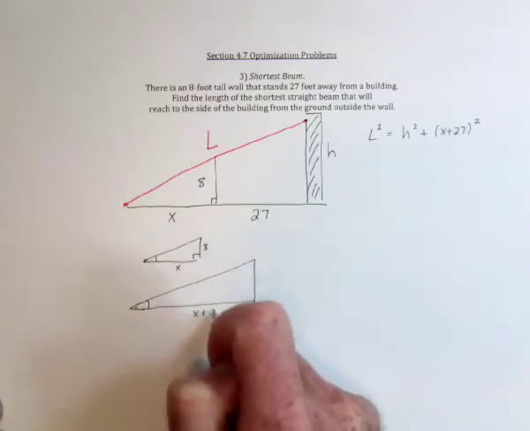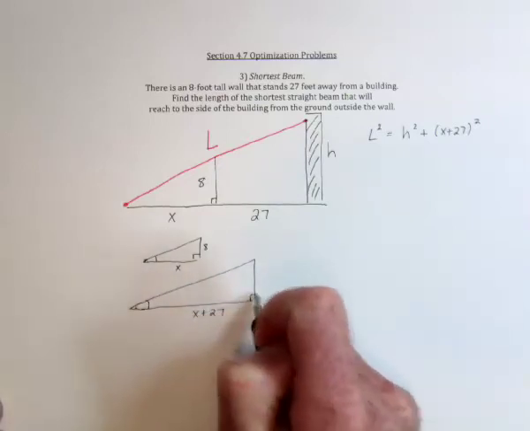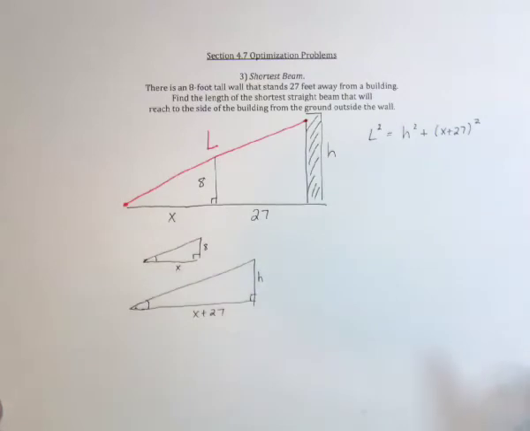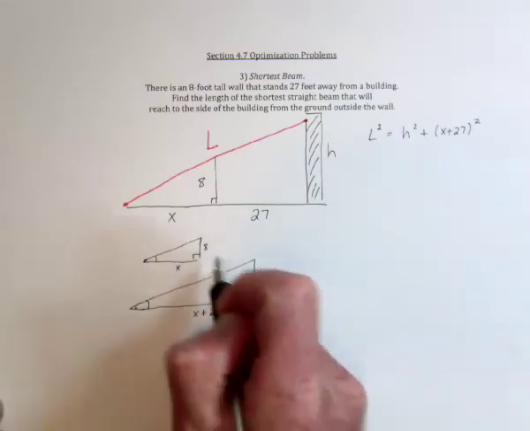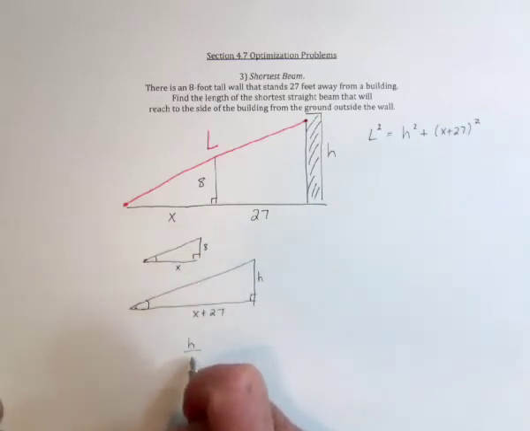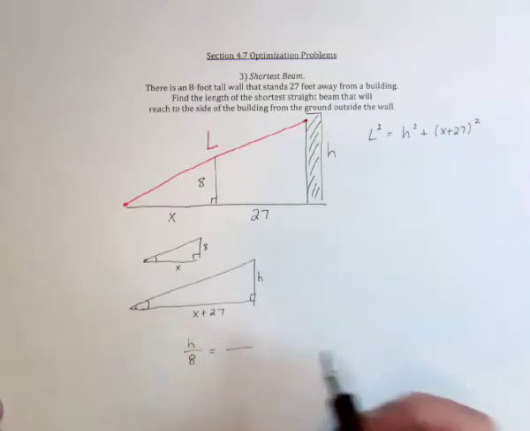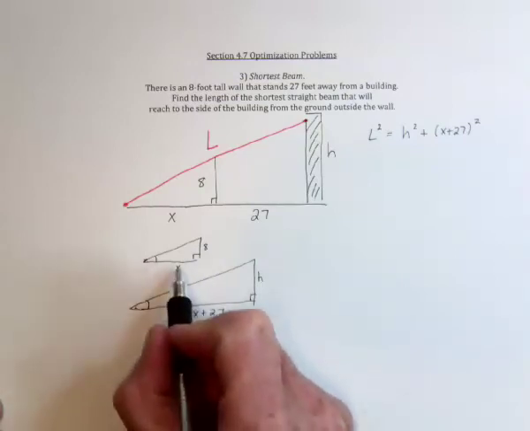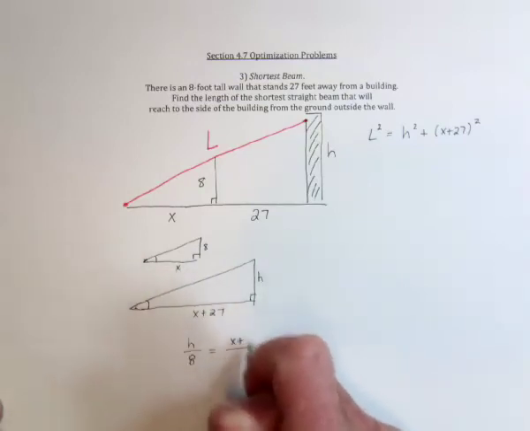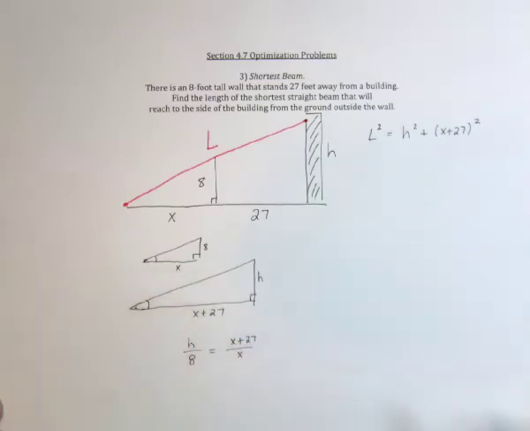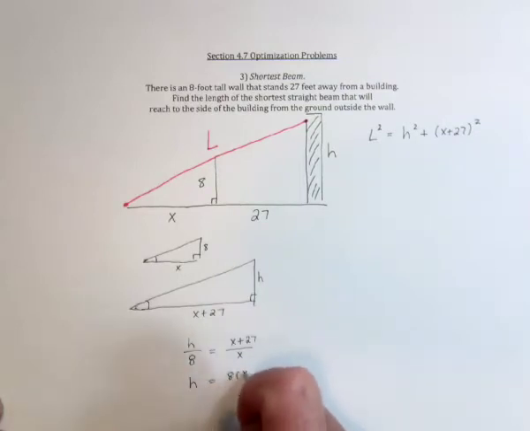It's got x plus 27 as this, and h as this side. So then I can do a comparison like h over 8 is going to be the same ratio as (x plus 27) over x. And then all we have to do is multiply by 8, and we have what h is equal to.